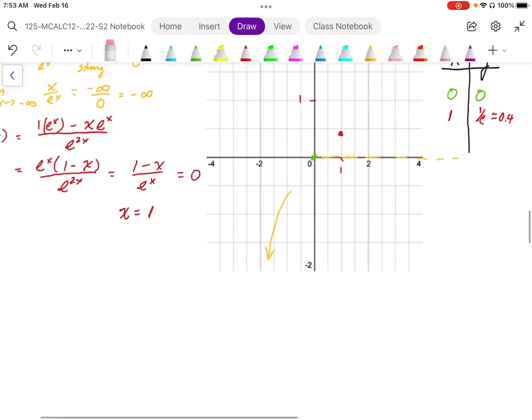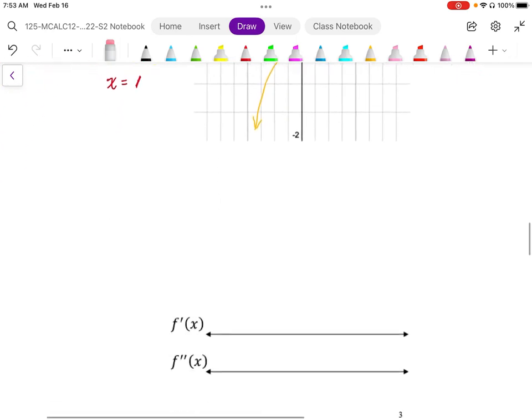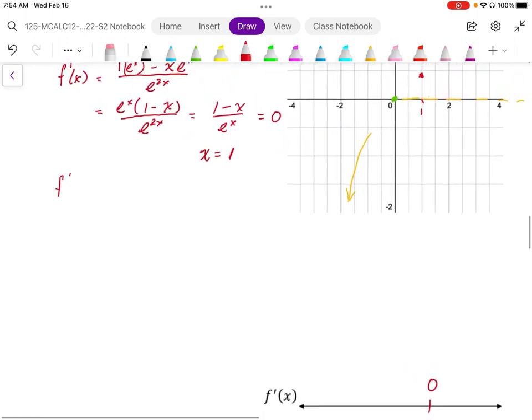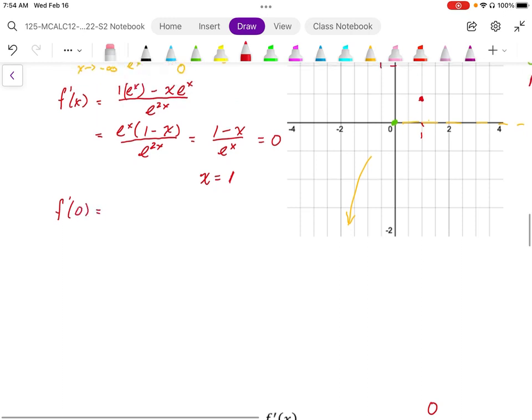Okay, so putting that in my slope chart then, at x equals 1 we have 0 slope, and we want to test the slopes on both sides of that. So we're going to test f prime at 0. Plugging in 0 into that equation, we get positive over e to the x, which is always positive, so that is positive slope.